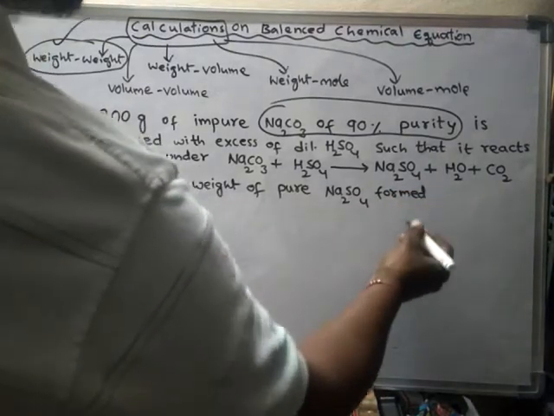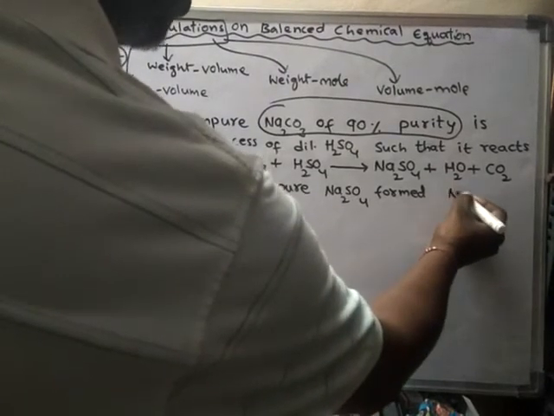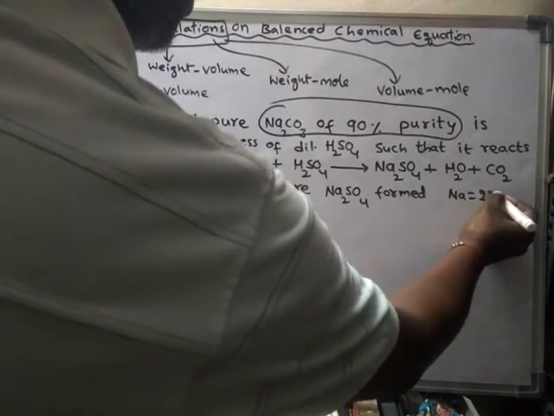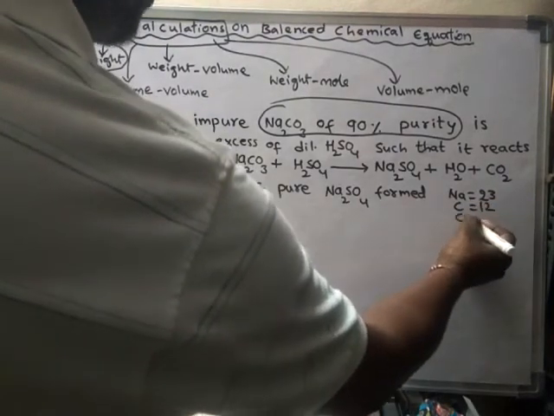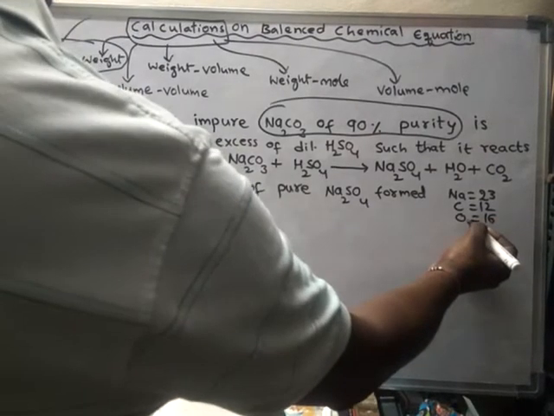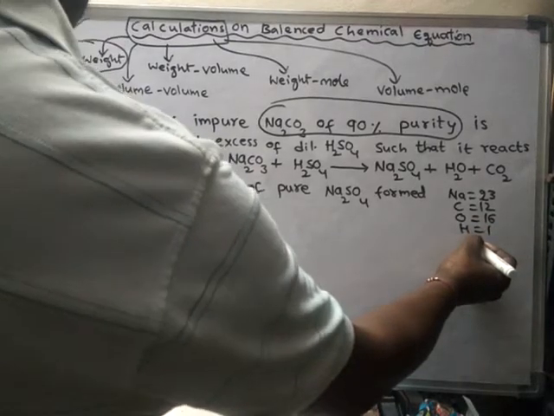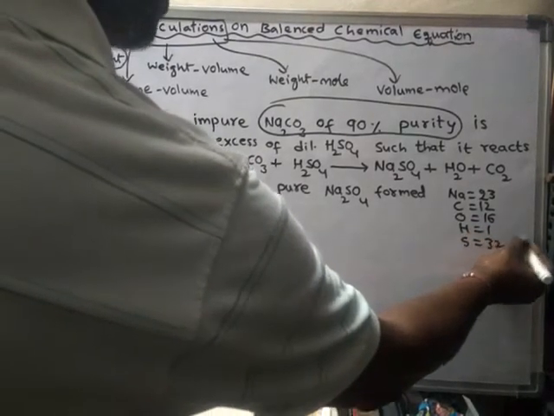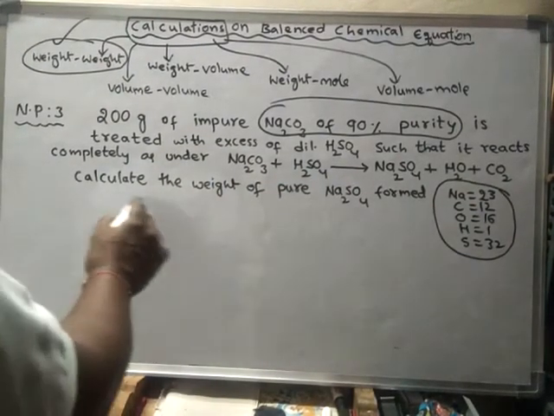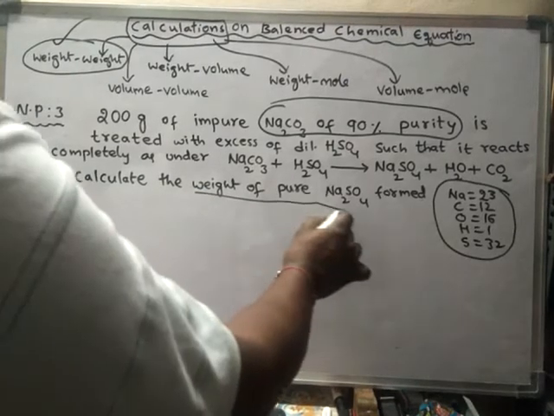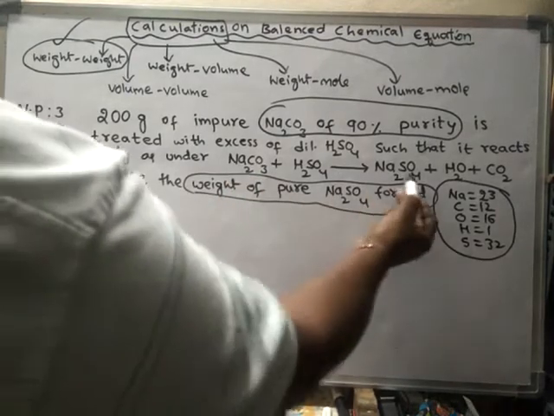The atomic masses of these elements are given: sodium is 23, carbon is 12, oxygen is 16, hydrogen is 1, and sulfur is 32. So this is the data and this is the question, and we need to calculate the weight of pure sodium sulfate formed. Actually this is the reaction.